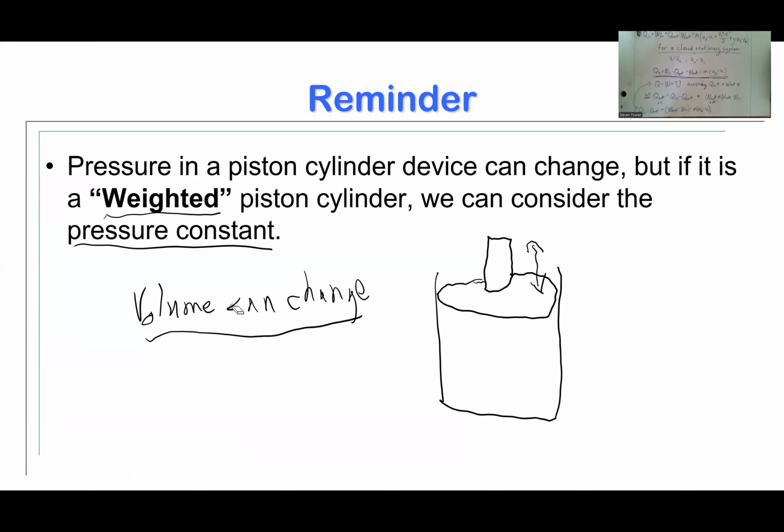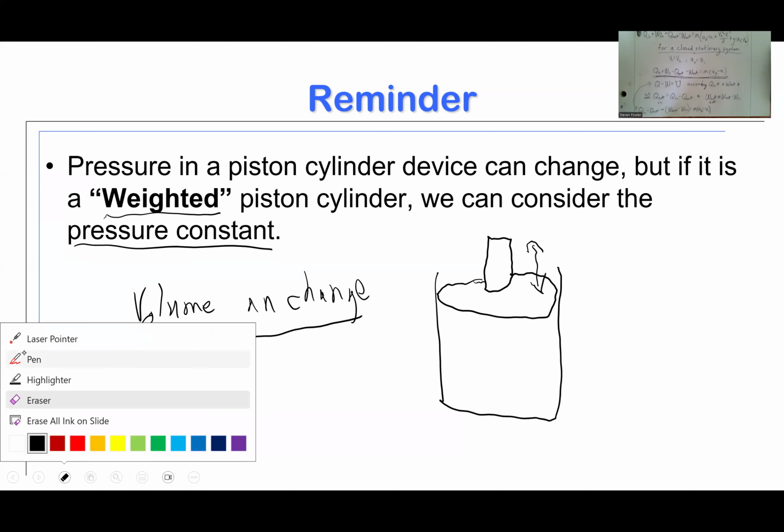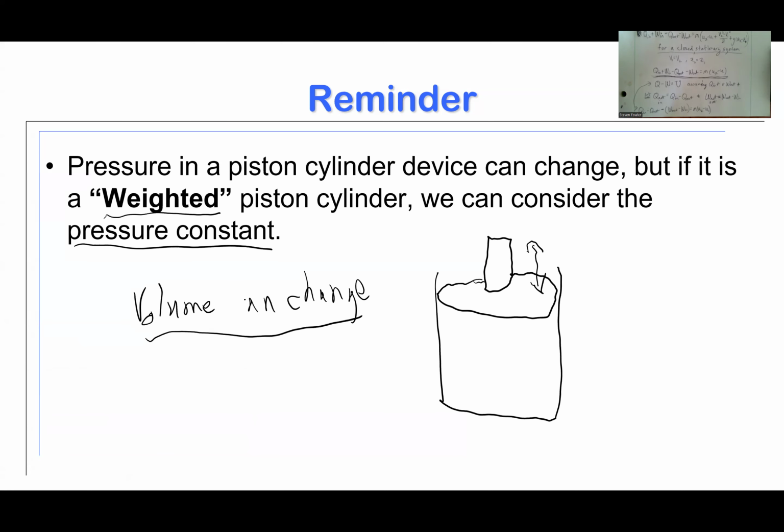I've definitely seen some texts where they give you a piston cylinder and they want you to assume that the pressure doesn't change in your piston, and that's not realistic. If this textbook wants you to assume that the pressure doesn't change, they're going to tell you. They'll tell you it's a constant pressure process. Occasionally they'll use the term isobaric.